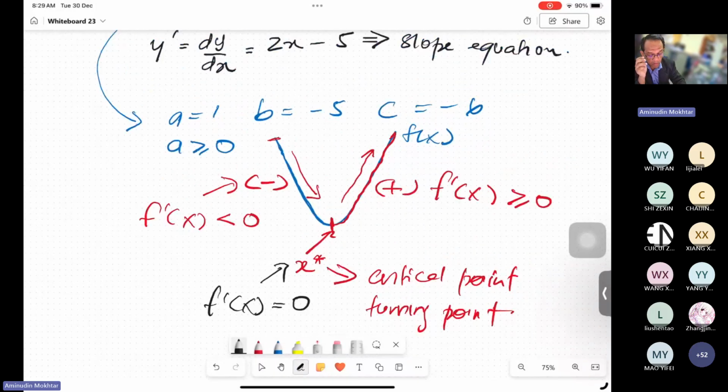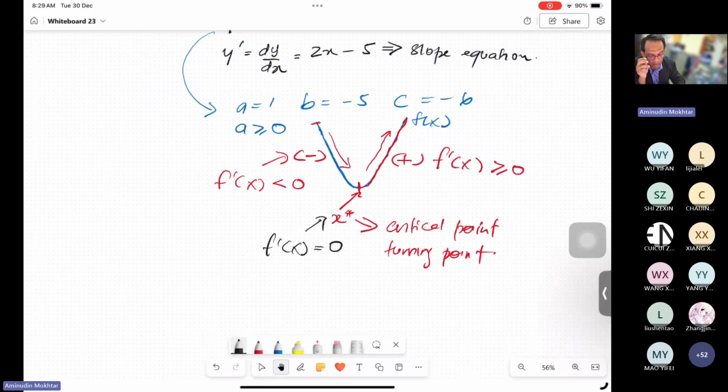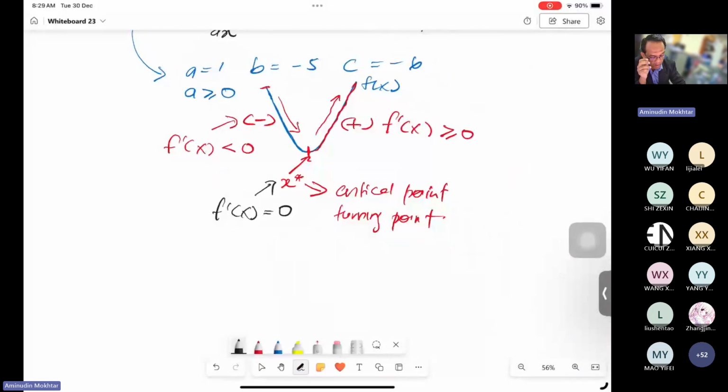For this example, we take the first derivative again. y is equal to this function, you can refer to page 1: x squared minus 5x minus 6. The first derivative, we need to find the slope equation, is 2x minus 5.